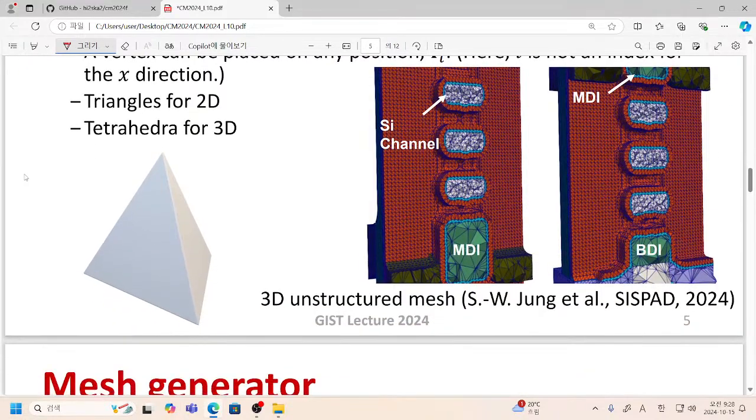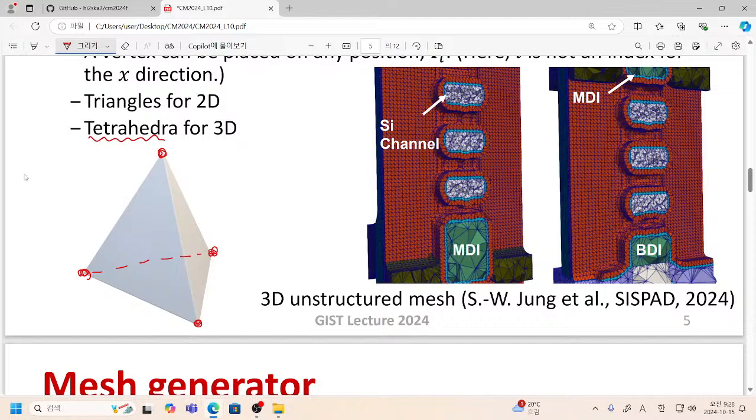Triangles are easy to visualize, and in the case of a tetrahedron, this is a three-dimensional shape, and we have four different points.